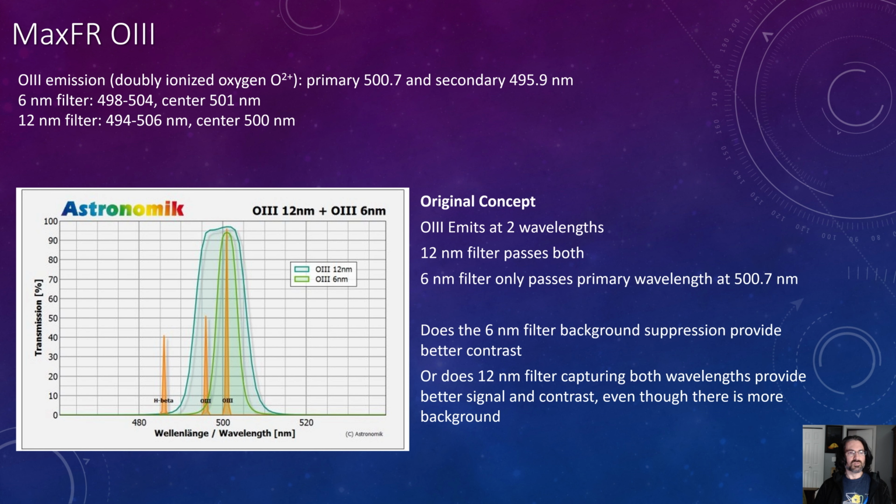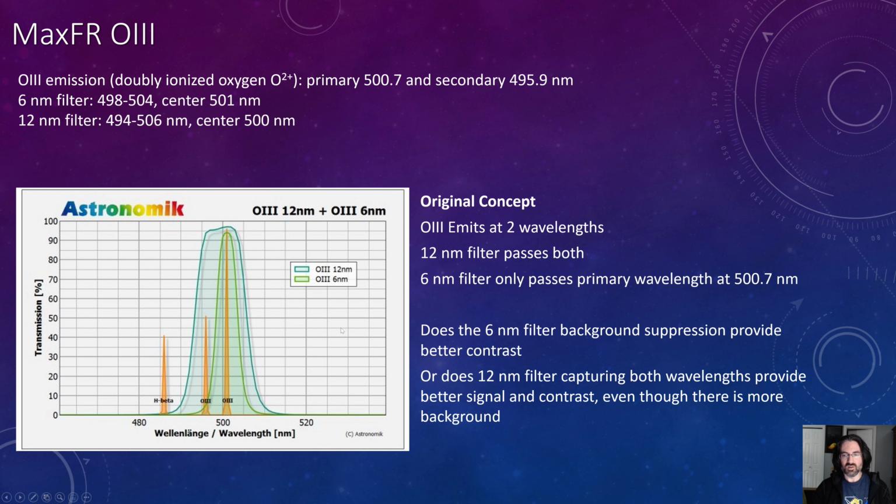So next, let's look at the OIII filter. However, now we actually have 2 emission lines associated with the oxygen 3 emission. The 6 nanometer filter is centered on the first emission line, and the 12 nanometer filter incorporates both of them.